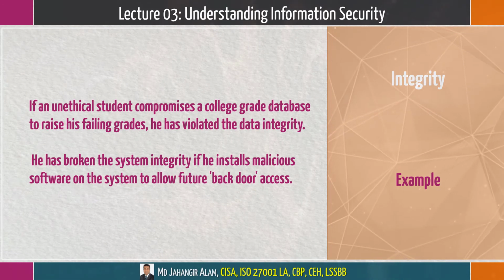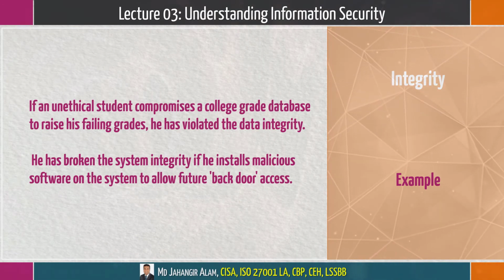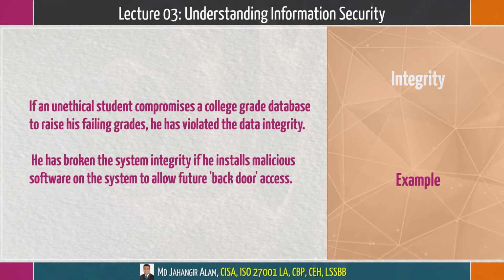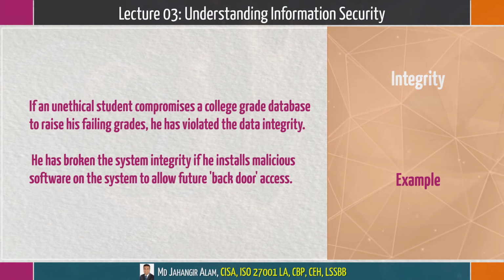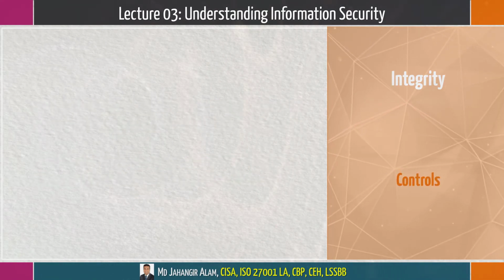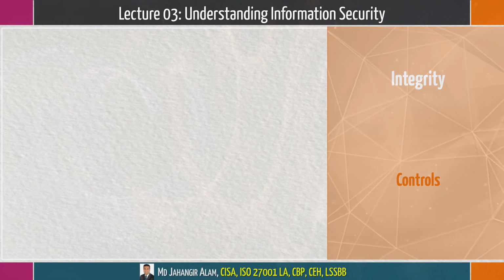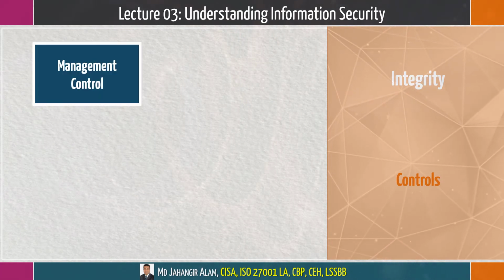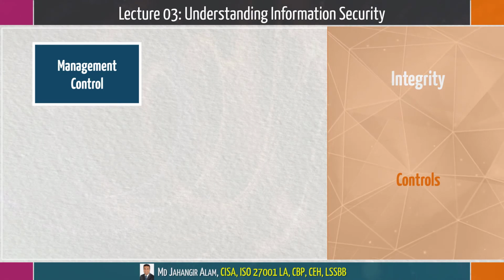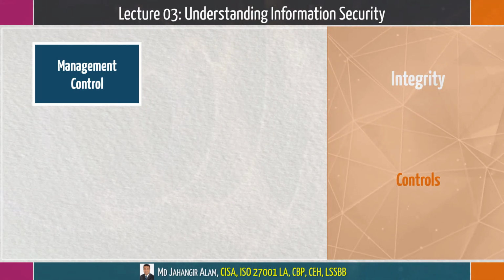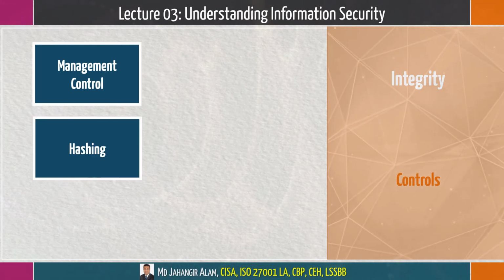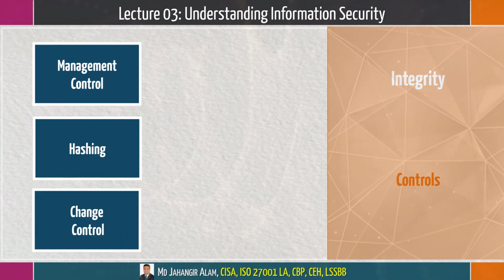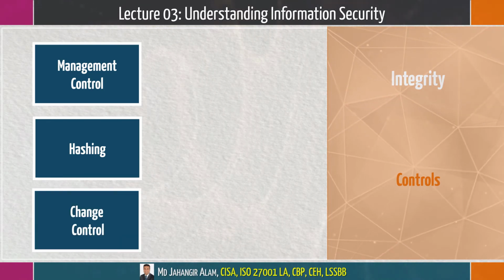When an attacker inserts a virus, logic bomb, or backdoor into a system, the system's integrity is compromised. Which controls help us to ensure integrity? Management controls, such as the segregation of duties and the maker-checker concept, is an example. Hashing ensures data integrity, and change control ensures process integrity.